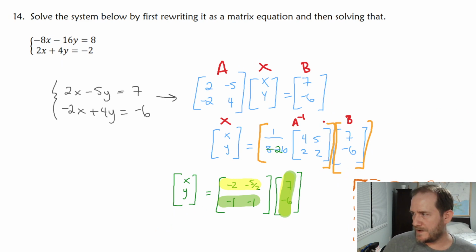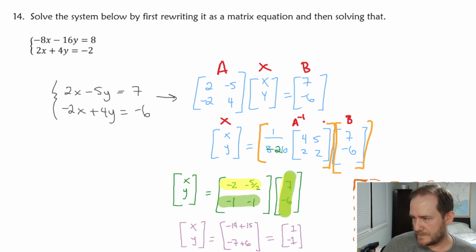So that means the matrix XY is going to have an X value of -14 plus 30 over 2, so 15. Yeah, plus 15. So that's just going to be a 1. Then in the other position, we're going to go negative 1 times 7, so negative 7 plus 6, which is just negative 1. And so that's it.